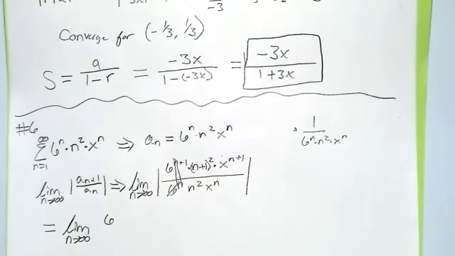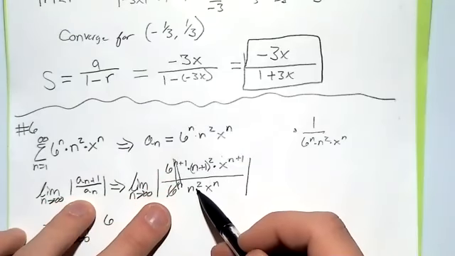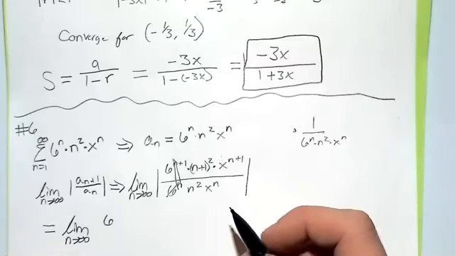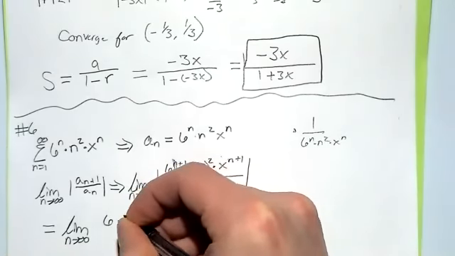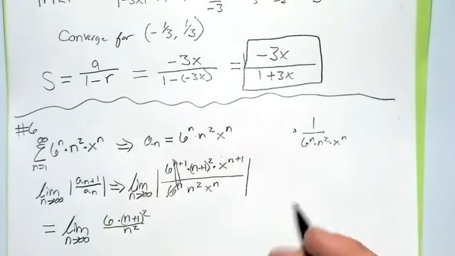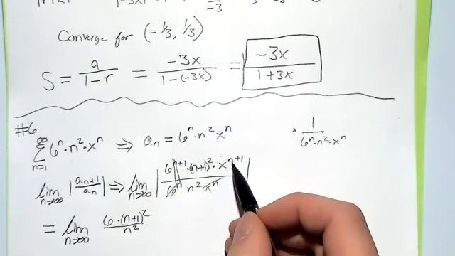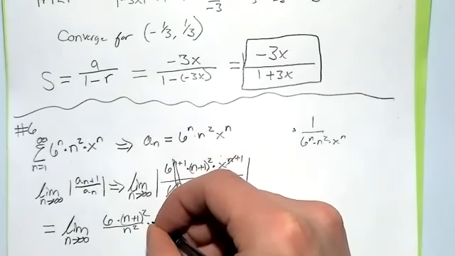Then let's think about our next term here. We have n plus 1 squared over n squared. That's not going to cancel at all. There's nothing in that we can cancel. So we're going to have times n plus 1 squared divided by n squared. And then our last terms, we have x to the n plus 1 over x to the n. So that will cancel, and we'll just be left with times x.